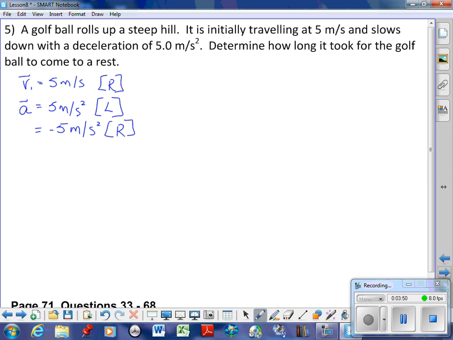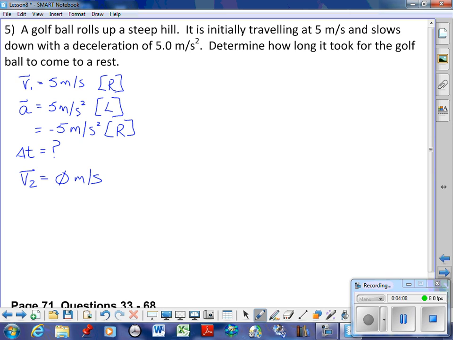Determine how long the golf ball took to come to rest. So we're looking for delta t. It's the unknown. What do we know? We know that V2, it's coming to rest, so V2 is 0.